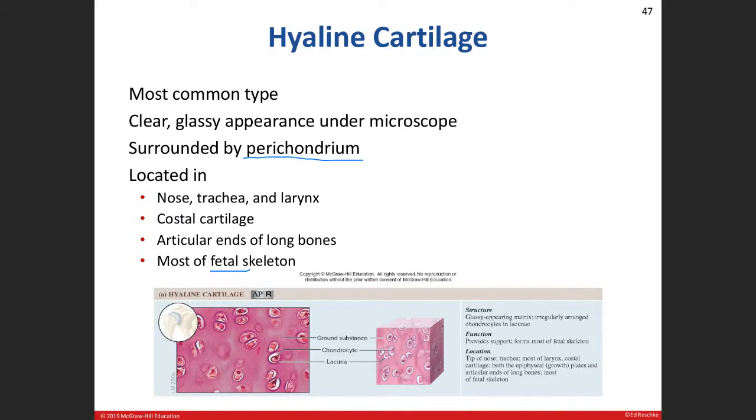On the ends of our long bones, like in our knee, our elbow, our knuckles, we have hyaline cartilage on the ends of the bone. We call it something different, articular cartilage at that point, but it's hyaline cartilage.